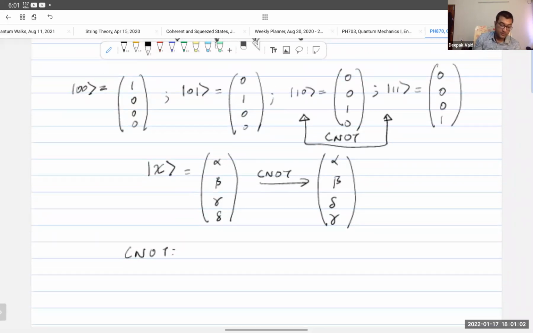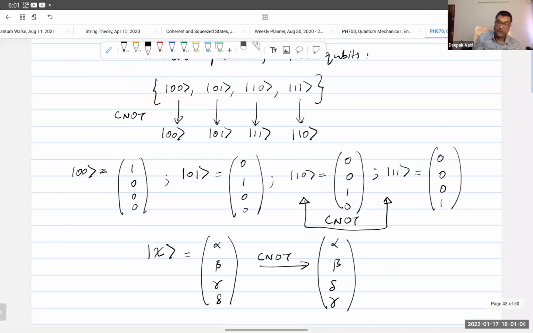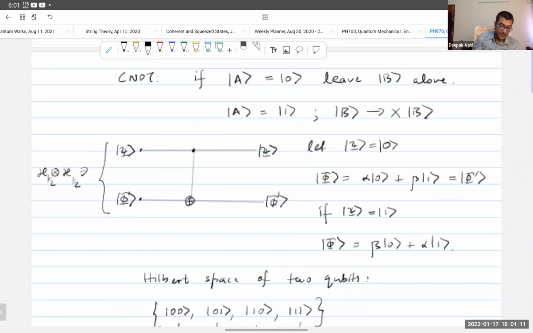Because remember, if your Hilbert space is 4-dimensional, your operators, so this is your operator, this whole thing, this is your CNOT, right? And so it is something that is acting on the state of the combined two qubits, on the composite system.